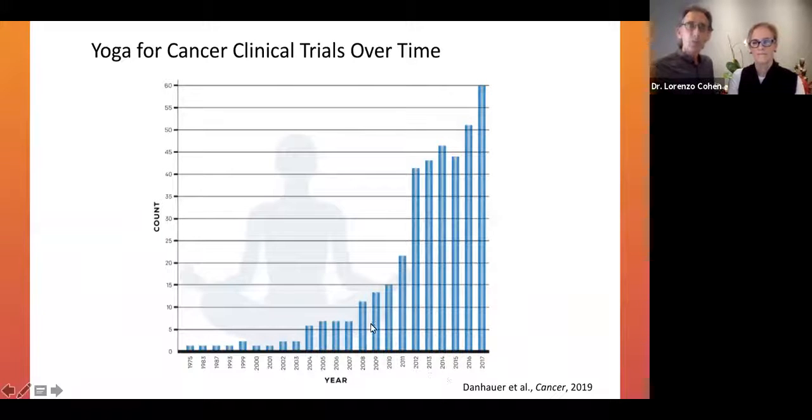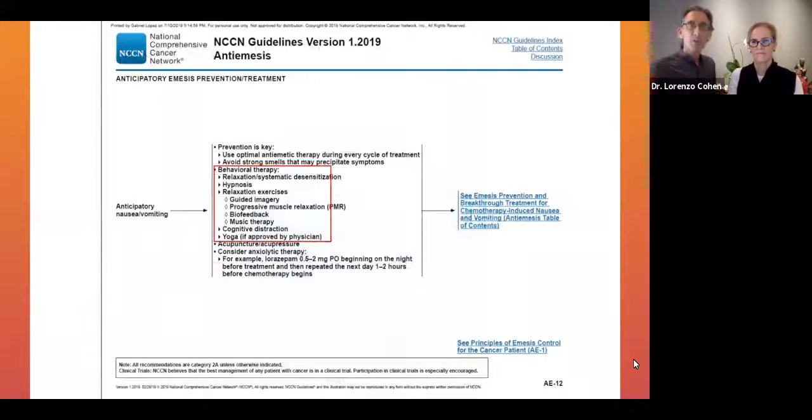And in a book that I've edited on yoga for different medical conditions, there was so much evidence on the role of yoga in oncology that we actually had 2 chapters, one for the studies for yoga during cancer treatment and one for when treatment was over. And the evidence around mind-body practices in helping cancer patients is so broad and deep now that it's actually on the NCCN guidelines.